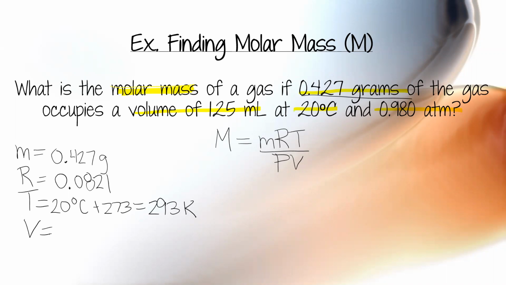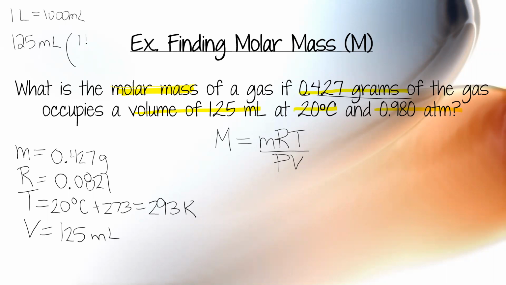V is in milliliters. I need it in liters. So, to go from milliliters to liters, I'm going to do it up here in the corner: remember, 1 liter equals 1,000 milliliters.